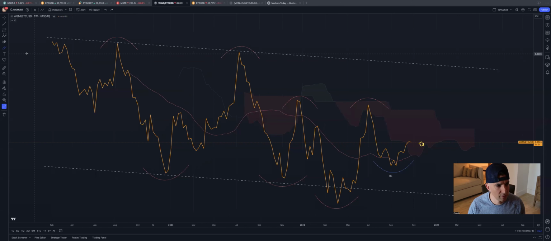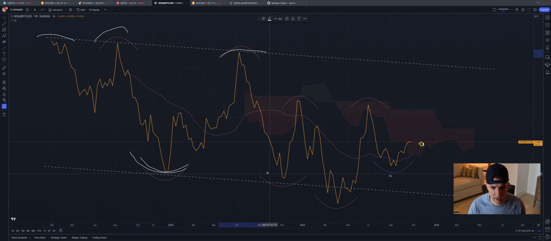And so what do we see historically in the market structure of this weekly chart? You have a first established high, then you have a lower high, then a lower low, lower high, lower low, lower high, lower low, lower high.